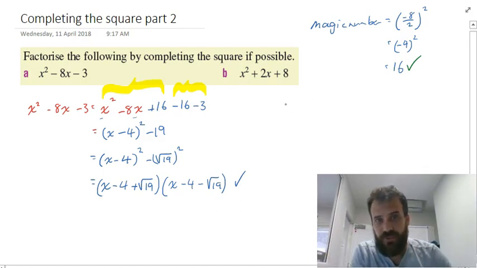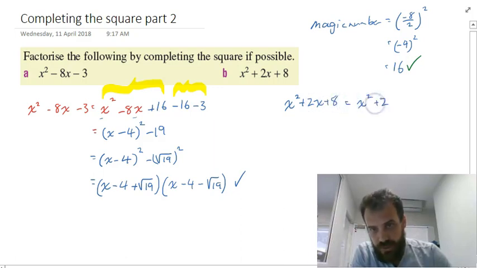Now this second example here, it's important that we go through this one. I'm going to go through it much, much faster. X squared plus 2x plus 8 is equal to x squared plus 2x, there's a plus 8 on the end here, and I need to decide what to put in the middle to complete the square. So the magic number, it's half of this, so 2 divided by 2 is 1, squared is 1.